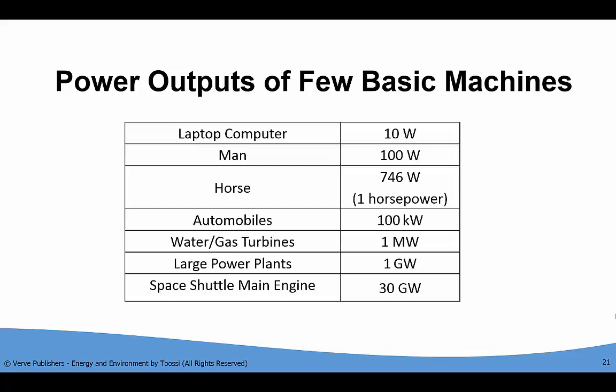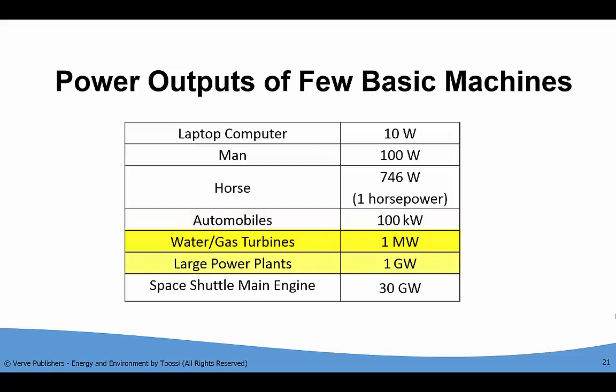A horse can. A top level athlete can use maybe 2 or 3 horsepower, but only for 5 to 10 seconds. That's the 100-meter dash, where the Olympic runners produce a lot of power, but only for a very short time. Your average automobile can use a few hundred kilowatts. I put 100 kilowatts as an order of magnitude. A gas turbine is 10 times more.